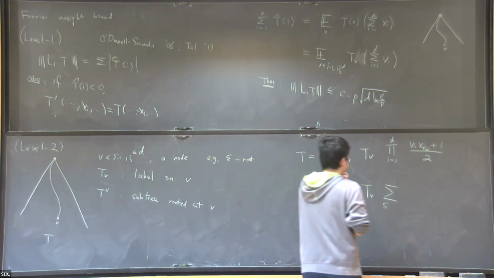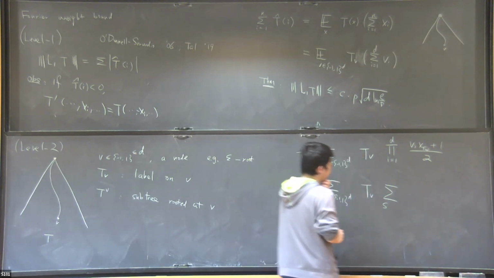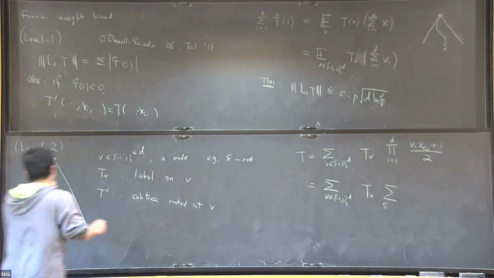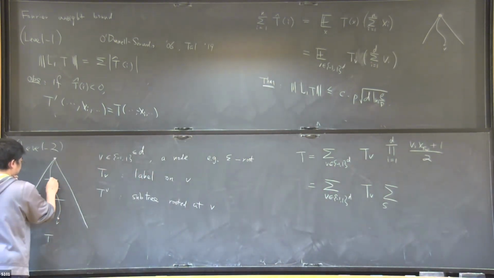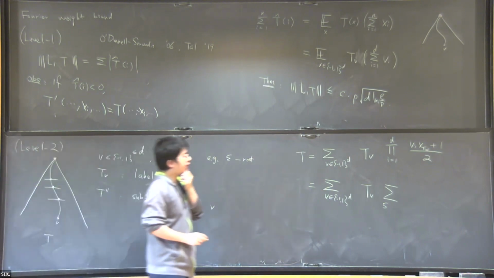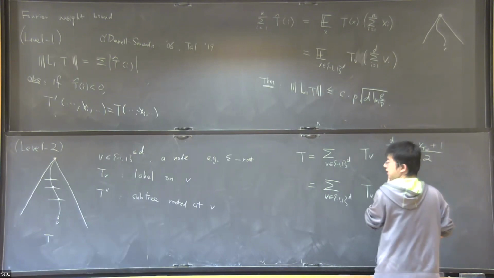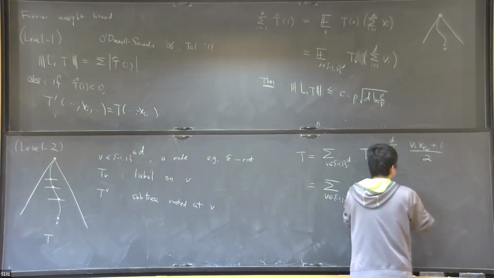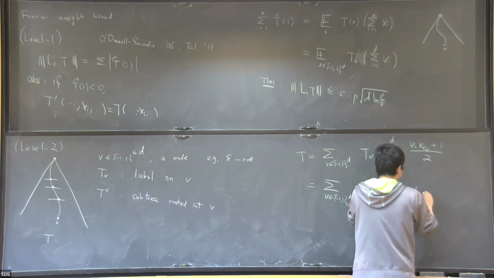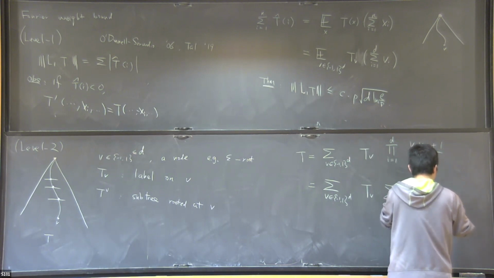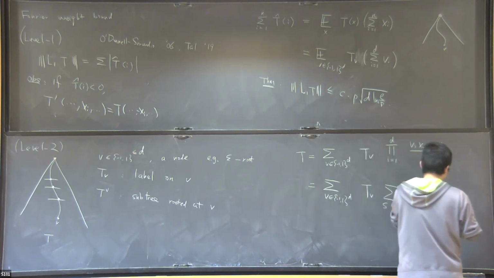Okay. And when we expand this out, what we're doing is selecting a subset of layers and looking at the variables on the selected layers, and the coefficient in front will be 2 to the minus d times the variables on the selected layers of this path.